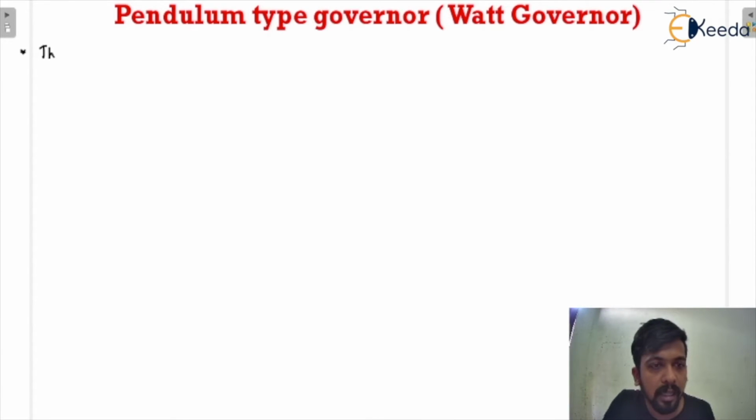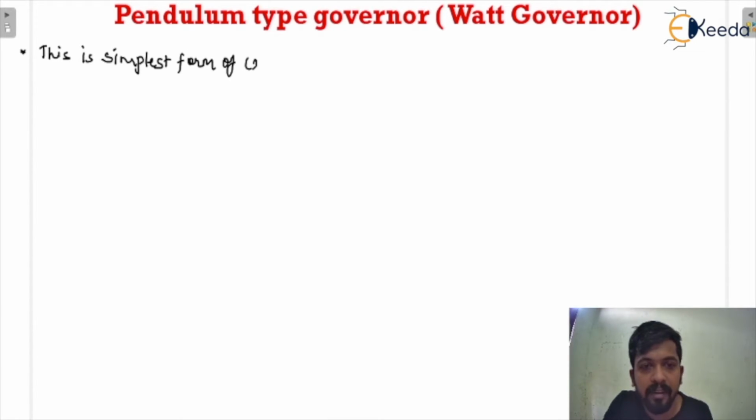We have seen the working principle of the centrifugal governor. So this is the simplest form of centrifugal governor.